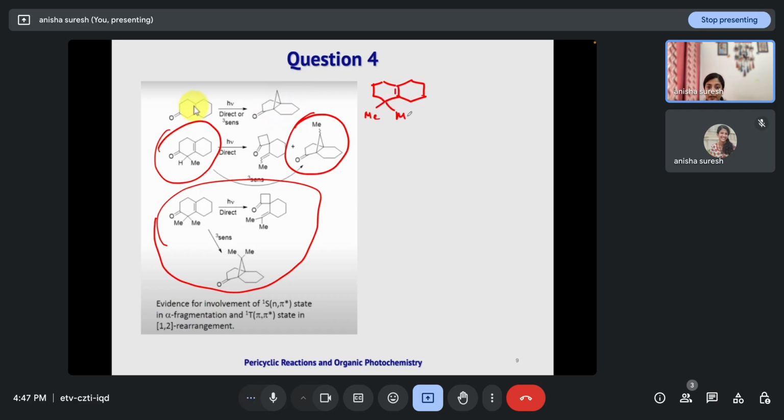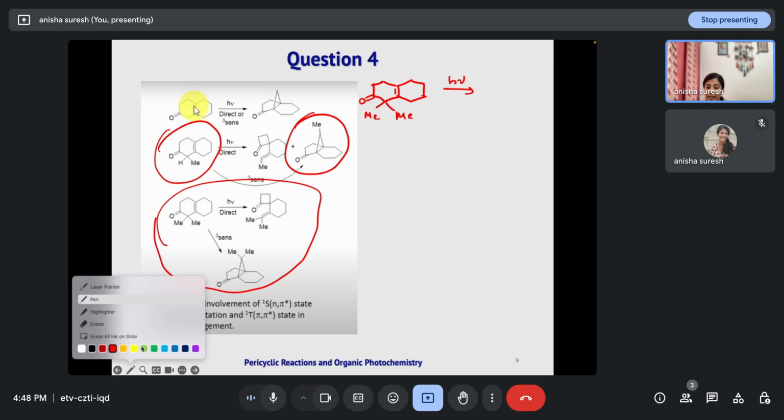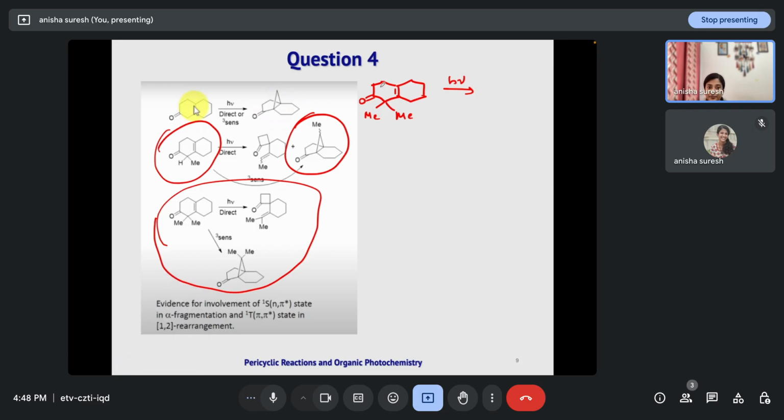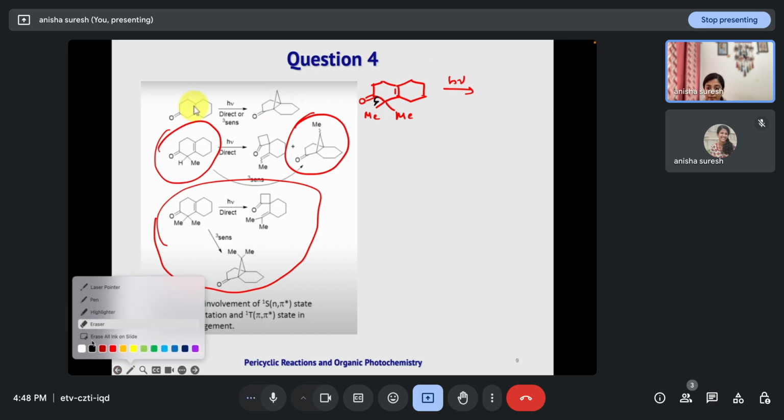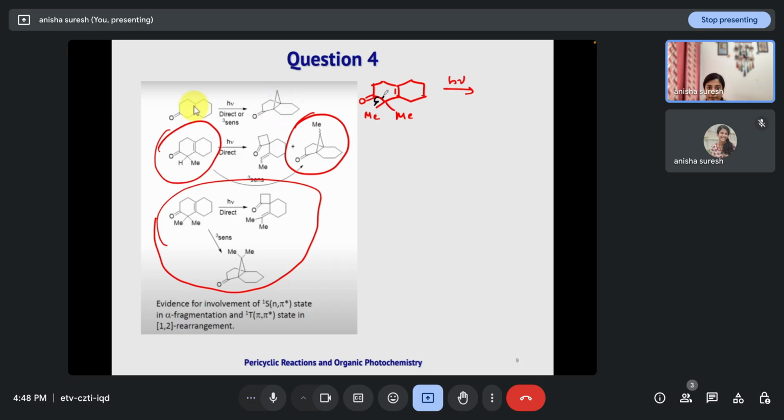Me, Me, double bond O. So under direct irradiation, an alpha fragmentation will take place here. This arrow I will draw once again. So what will be the intermediate that is forming?